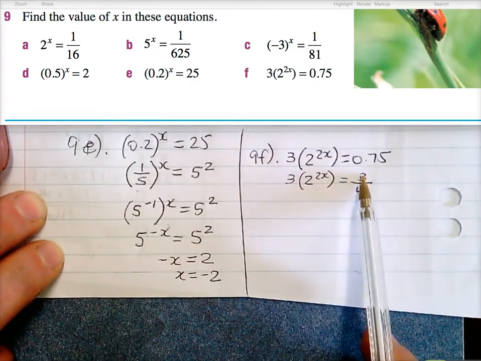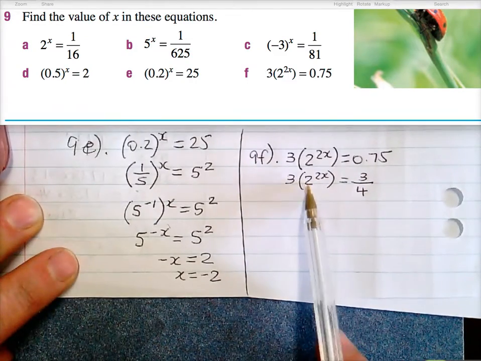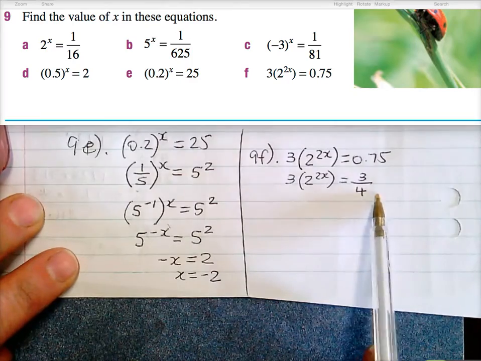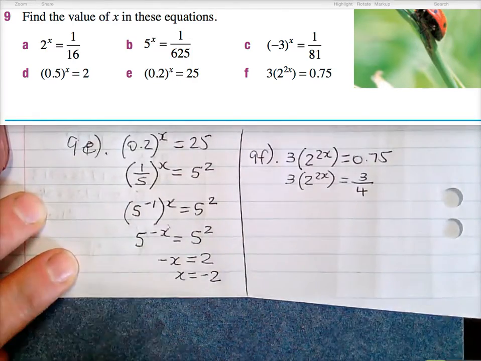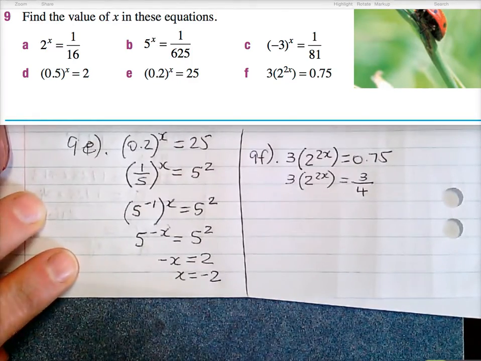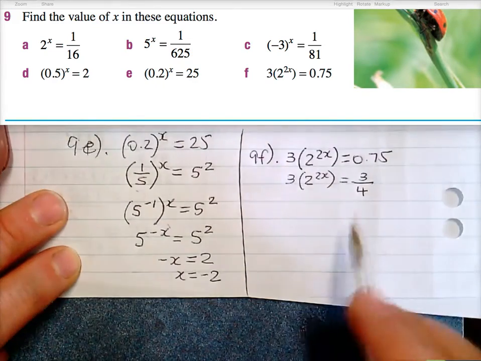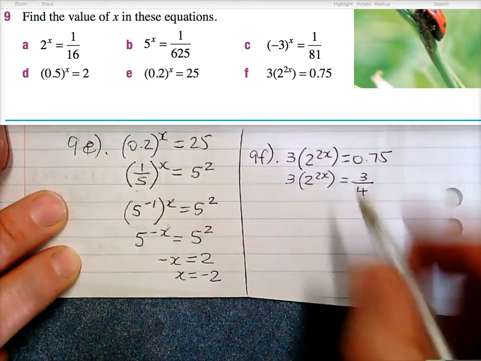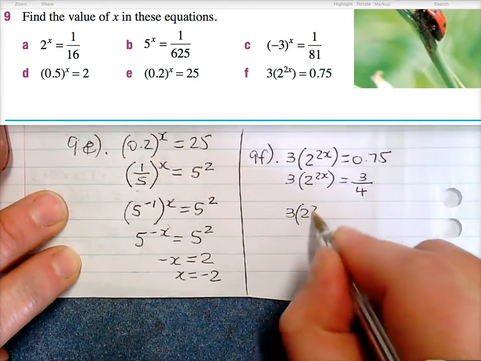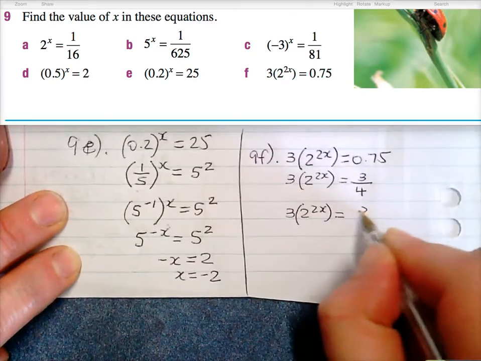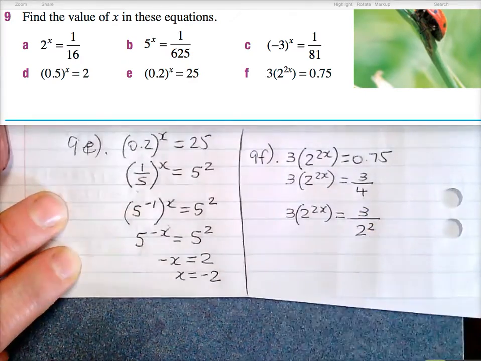We've got a 3 on both sides. I've got a 2 base power here, but I've got a 4 here. I want to change the 4. What are you going to change the 4 to? Think of powers. I don't want a base 4. I need a base 2 here. Yes. 3 over 2 to the power of 2.